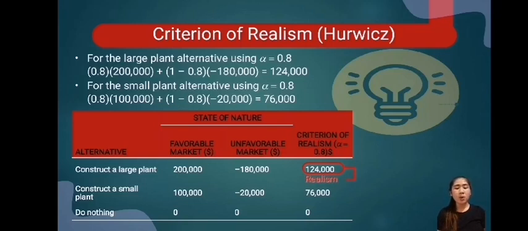Since there are only two states of nature in this example, these two payoffs for each alternative are both considered. But if there are more than two states of nature, then all payoffs will be ignored except for the best and worst payoff.